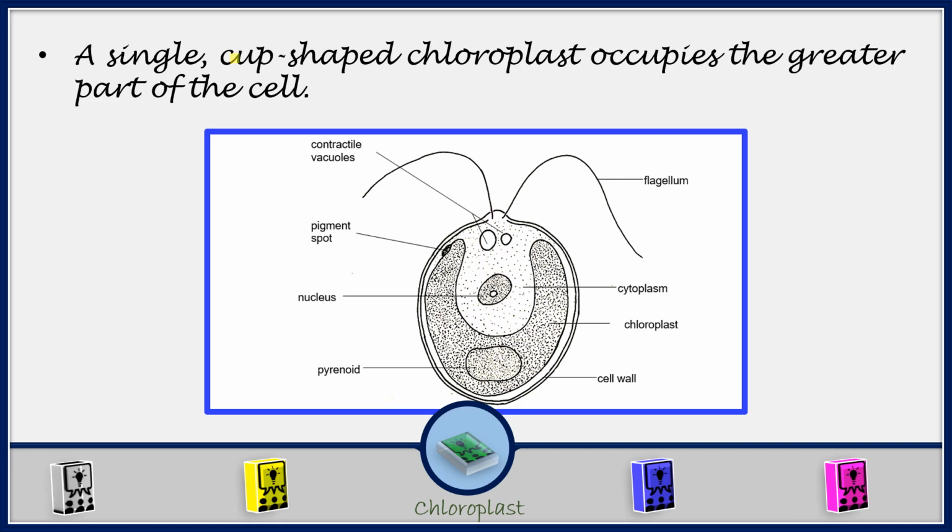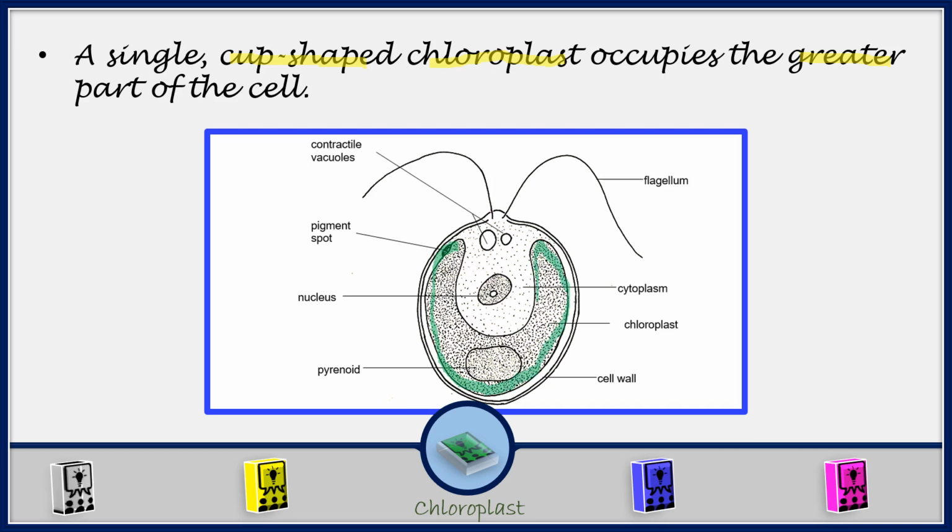A single cup-shaped chloroplast occupies a greater part of the cell. So the greater part of the cell is occupied by the chloroplast. The chloroplast is this whole inner part that we are seeing inside.